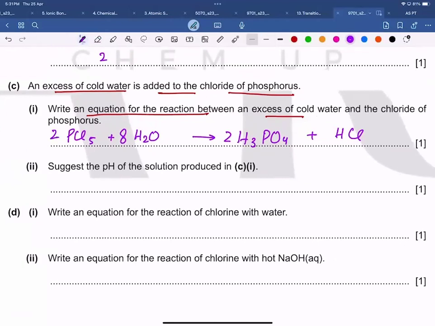Two. Now it's 9. So 18. Yeah, you can simplify it.